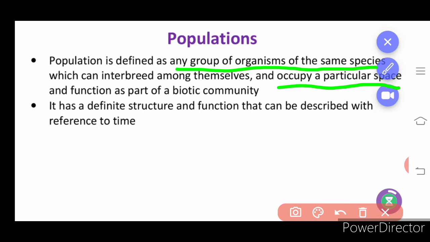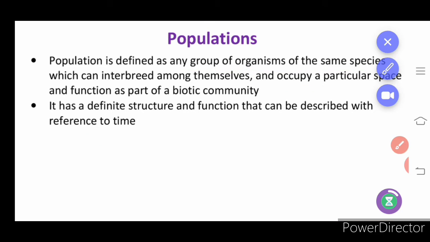That is what is called as the biotic community, and in turn it forms the population. It has a defined structure and function that can be described with reference to time. So in a particular period of time, so many organisms were living in an area. That is what is given as definite structure and function, which can be described with reference to time.